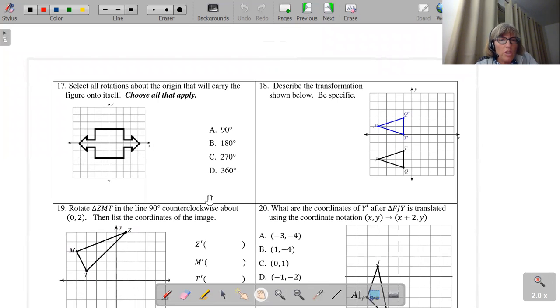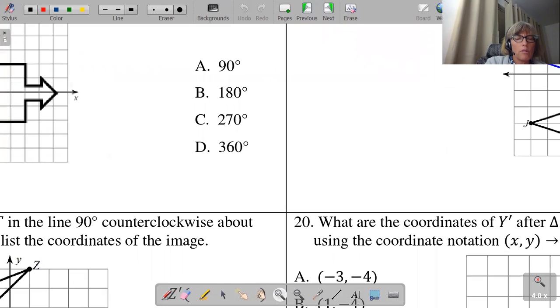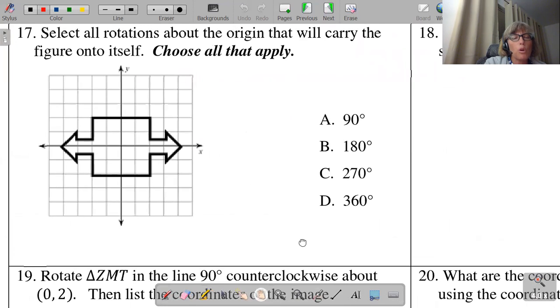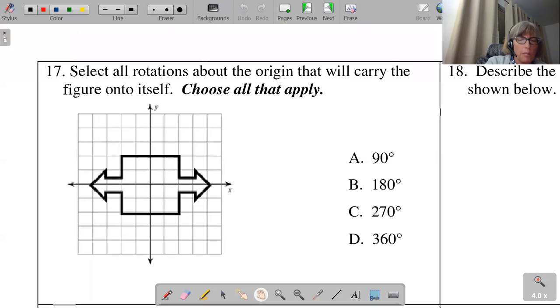Select all the rotations that will carry the figure onto itself. That means, looking at this one, how much do you have to rotate to get the same image? Let me just give you a little crash course. If I drew an arrow like this, to get the same image, I'd have to rotate a full 360 degrees.